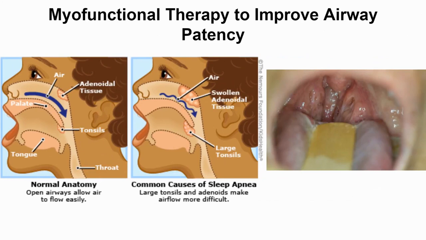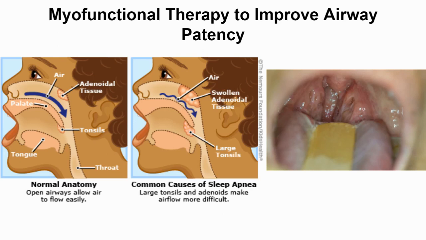Myofunctional therapy to improve airway patency. Adenotonsillectomy is often prescribed in children to improve airway patency and symptoms that are associated with sleep apnea. However, a child who has suffered from having enlarged tonsils and enlarged adenoids may have ingrained habits such as mouth breathing, poor oral resting posture, where the tongue sits low and forward on the floor of the mouth, and even improper breathing patterns.